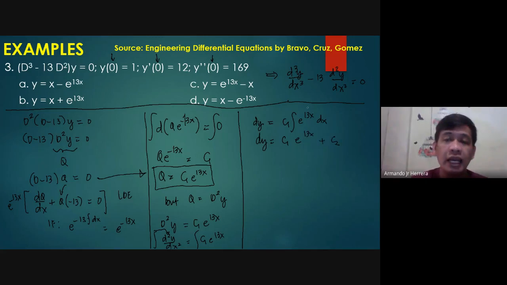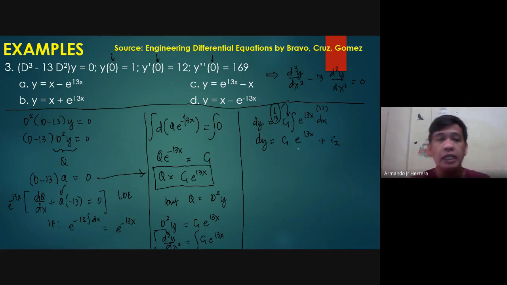Again, since we are getting the general solution, whatever constant we divide here and compensate outside, once multiplied by c1 is still a constant c1. So we have here dy is equal to c1 e to the 13x plus our second arbitrary constant.